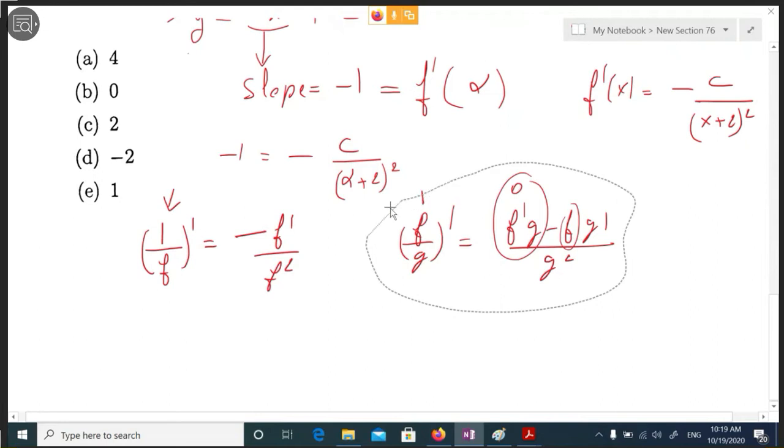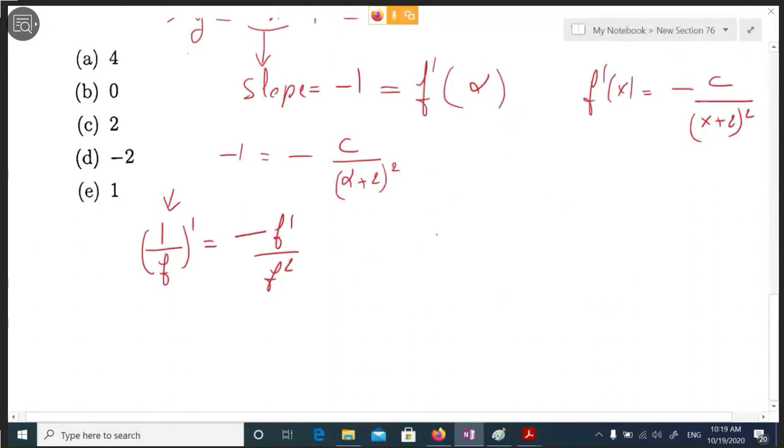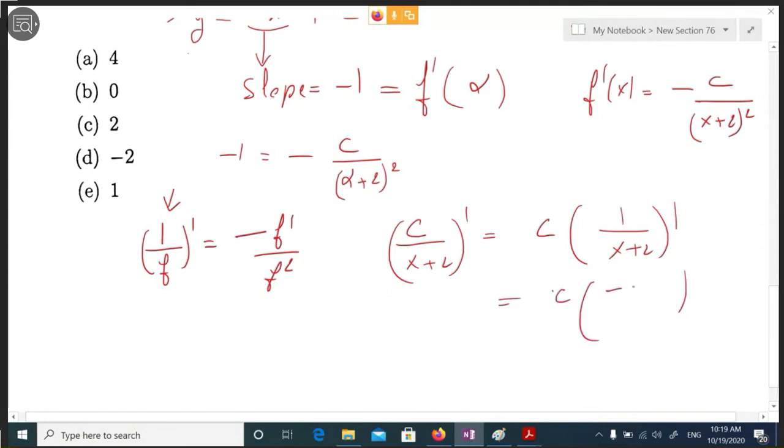So we use this rule here. I have C over X plus 2. C is just a constant, so it will be C times minus the derivative of X plus 2 over (X plus 2) squared.